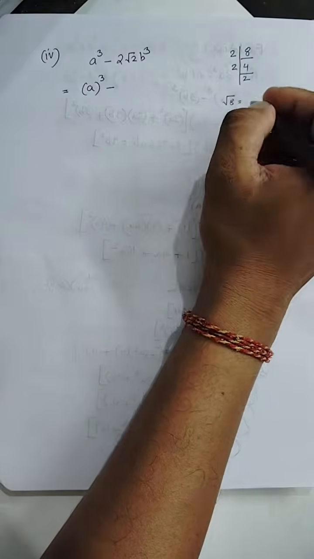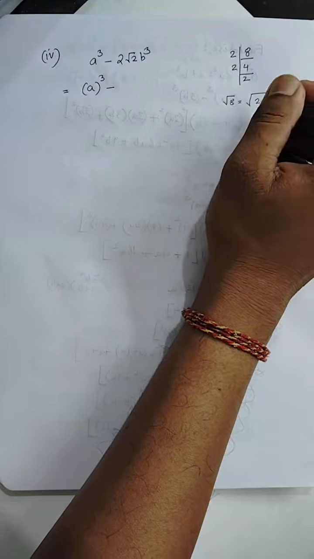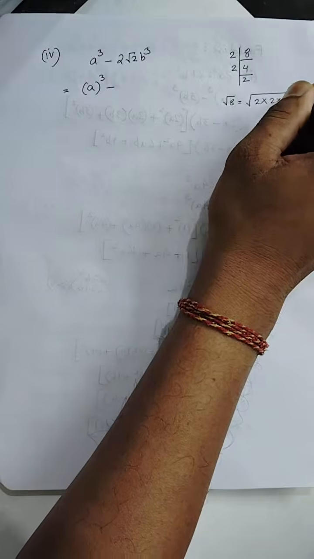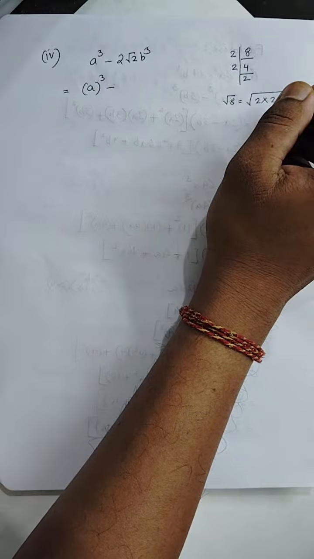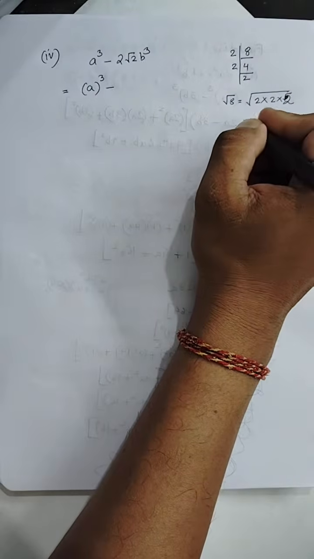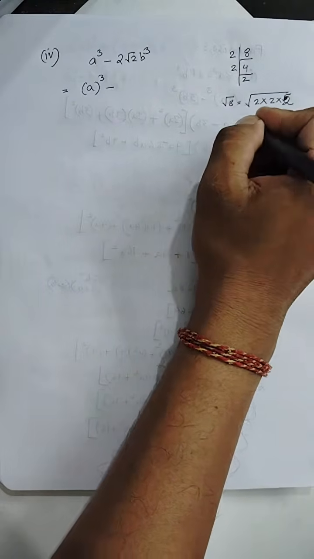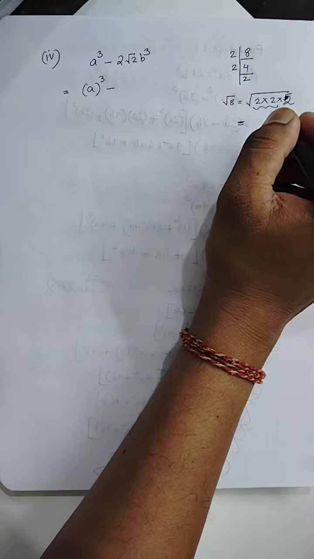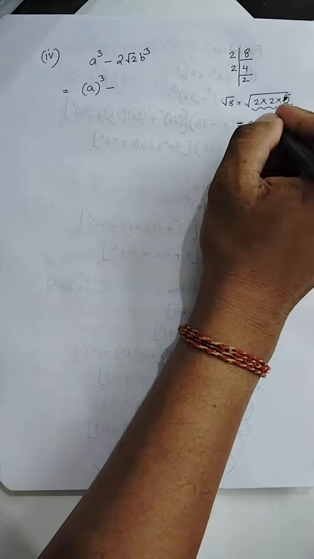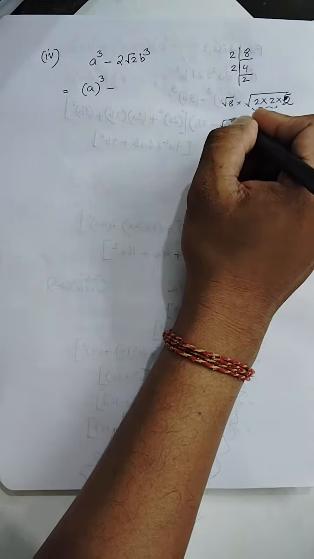Root over 8 is actually root over 2 into 2 into 2, so we can write root over 8 as 2 root over 2, is it?